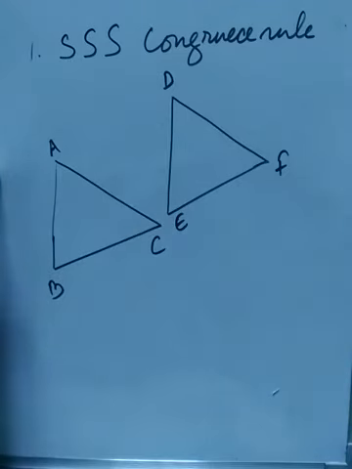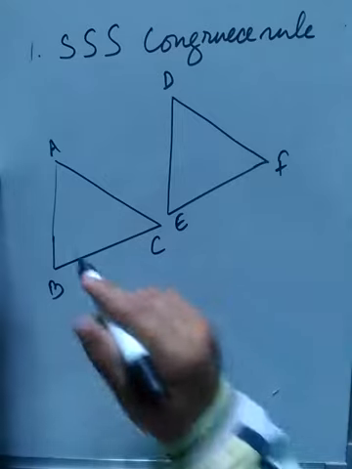So side, side, side congruence rule. It means that if the three sides of a triangle are equal to the three sides of another triangle, then the two triangles are congruent.